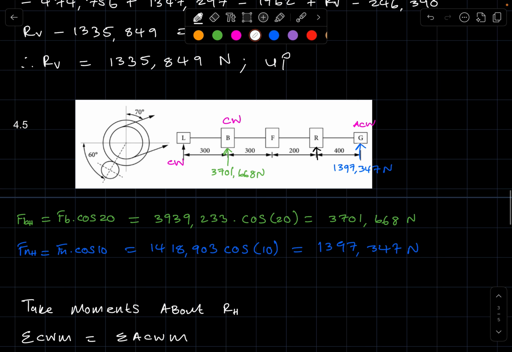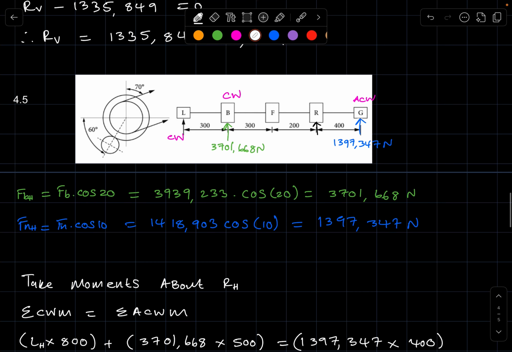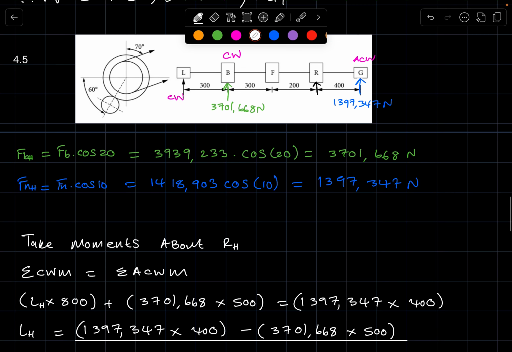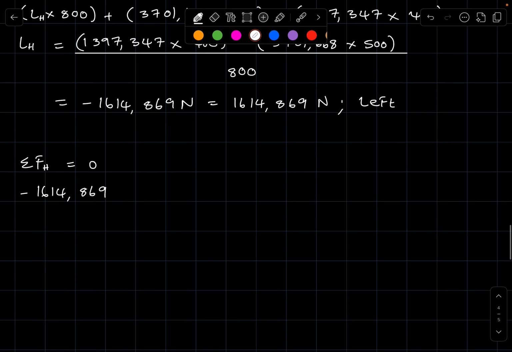Then we have this force, which is heading right, so you take it as positive 3701,668.